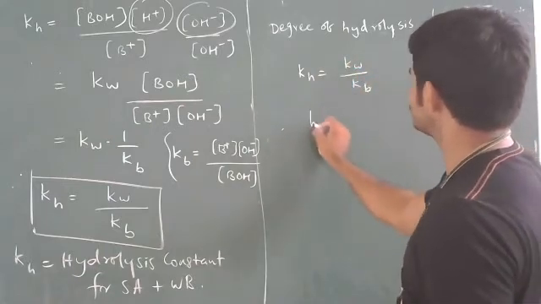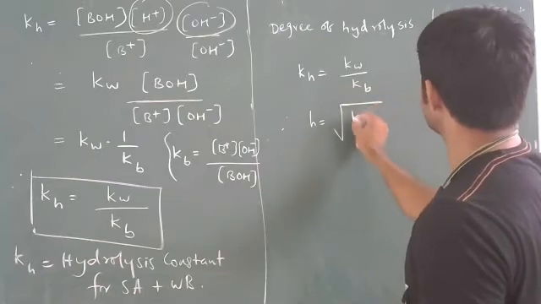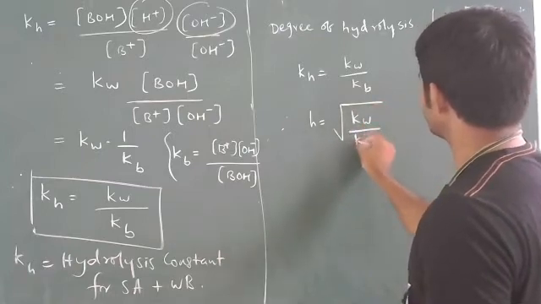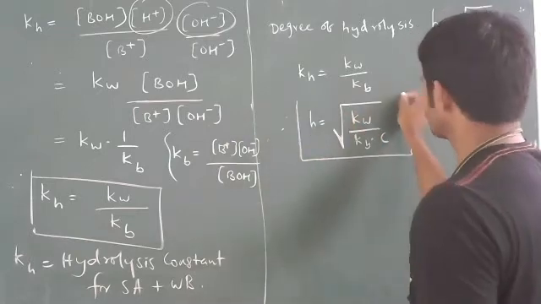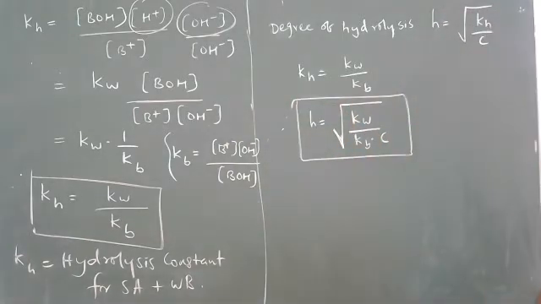Therefore h is equal to root of KW by KB into C. So h is the degree of hydrolysis.